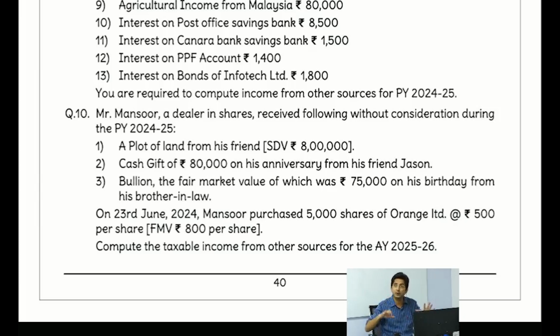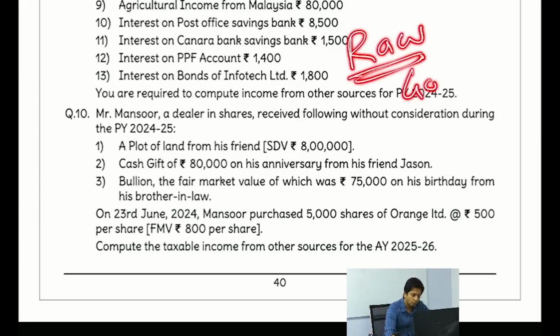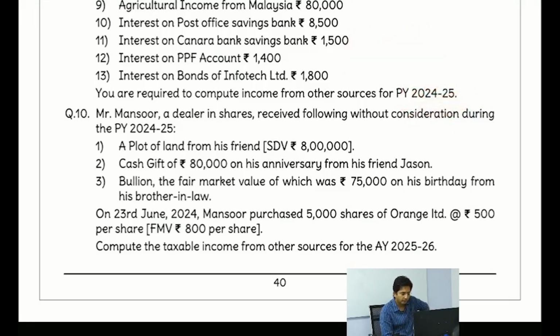Raw gold and silver is called bullion. Necklaces and earrings are finished products, but if the gold is raw, it is called bullion. So tell me, what is the fair market value?